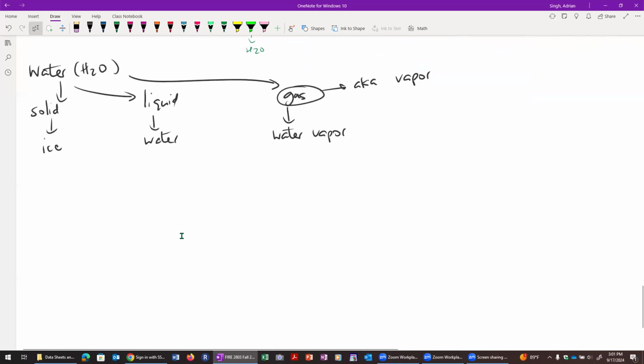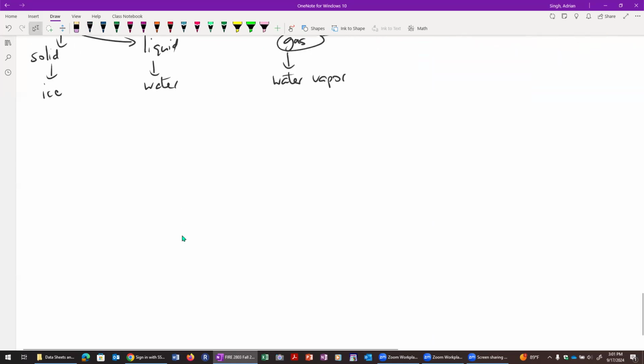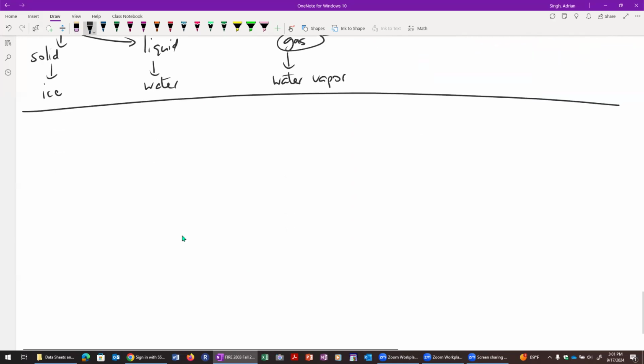Now, when we go from one physical state to the next, what we're going to encounter are changes in state, or changes in phase.